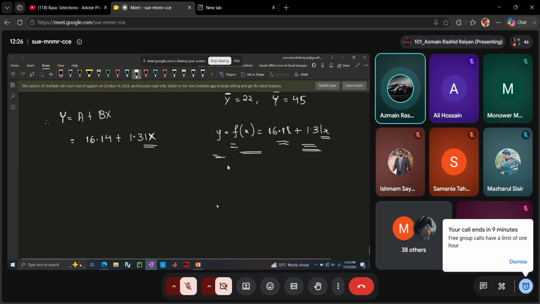Now using this same relation, let's rewrite it: Y equals 16.11 plus 1.31x. Let's say one of my employees has received X equals 24 phone calls. Just plug in the value of 24. What will be the number of books he has sold?